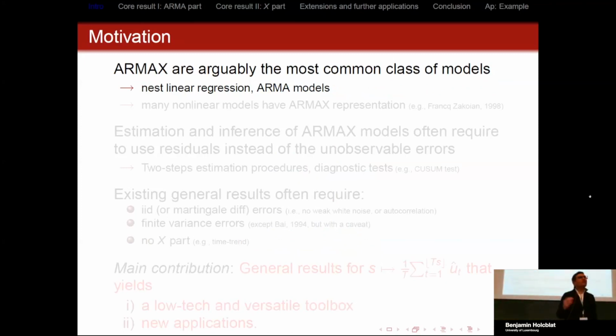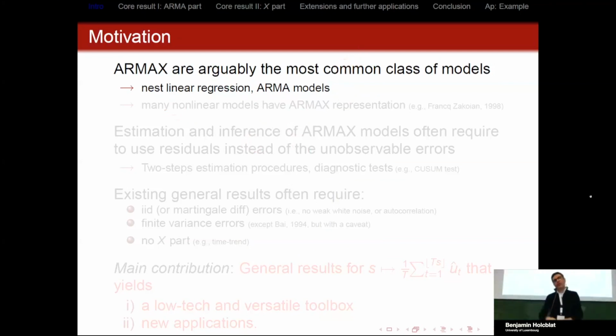So ARMAX is just an ARMA model, an autoregressive moving average model, with an X, which stands for any covariate that you can add in the model. And I would argue that at least in standard econometrics, it's probably one of the most common models. Why? Because first, it nests linear regressions, which in economics are almost everywhere. It nests ARMA models.